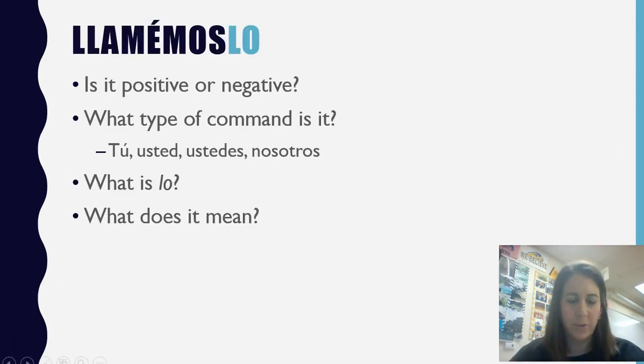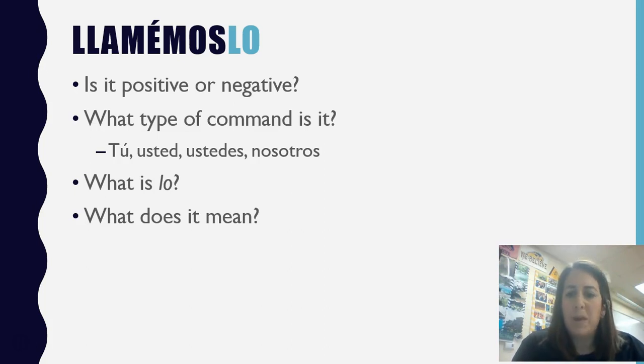All right, so let me switch here. Okay, so our next example, llamémoslo. All right, so this one looks a little bit different than our first two. Again, we still know that this is an affirmative command. Well, what type of command is it? We have to look at the command itself. So we know that llamemos is a nosotros command. And in this case, that lo could mean it or him. But remember, llamar means to call.